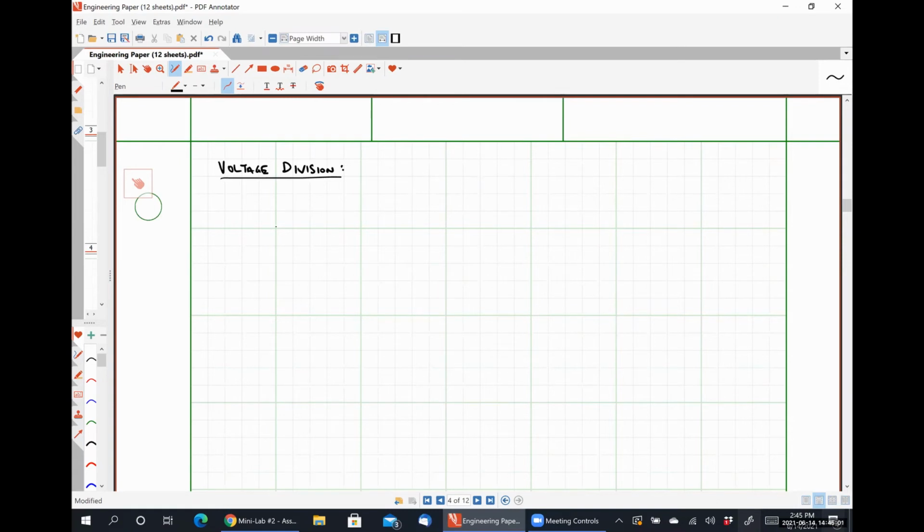So let's say that I have a resistive network. Some resistor R1 in series with some resistance R2 in series with some resistance R sub n, like so.